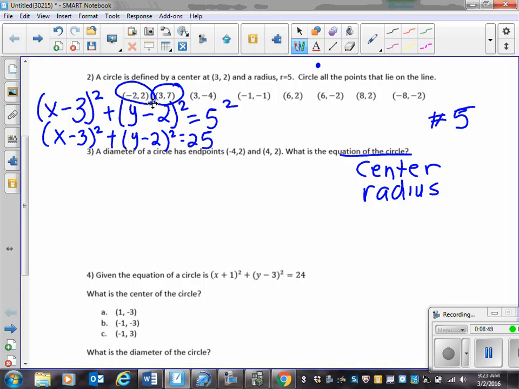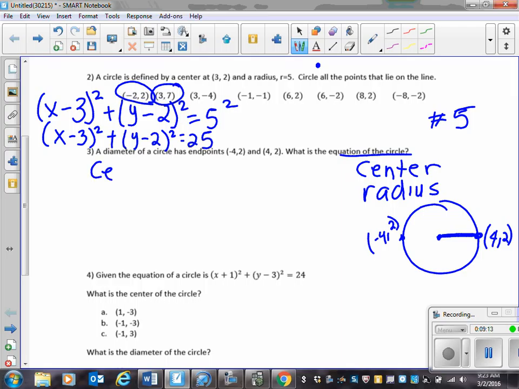The only thing I have is, if this was my circle, I know this is negative 4, positive 2, and I know this is 4, positive 2. So I need to know what would be the center and what would be the radius.